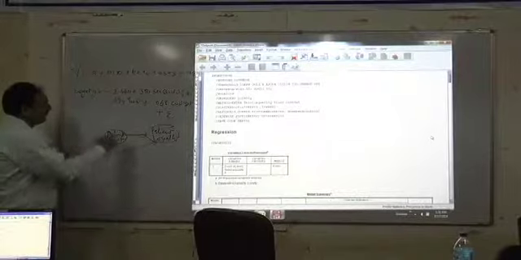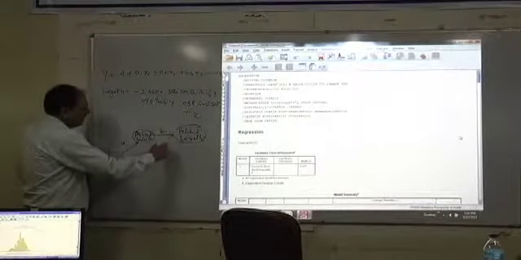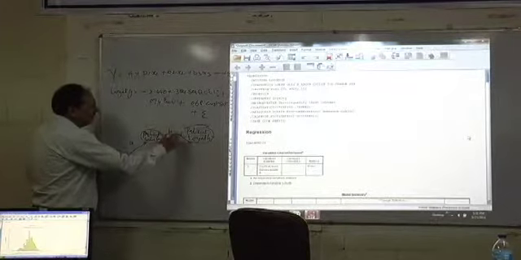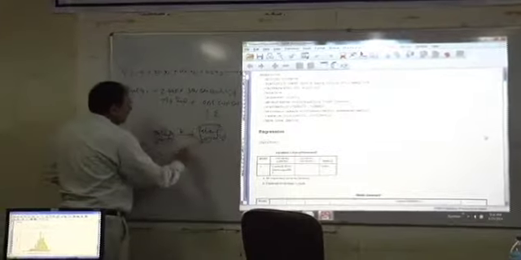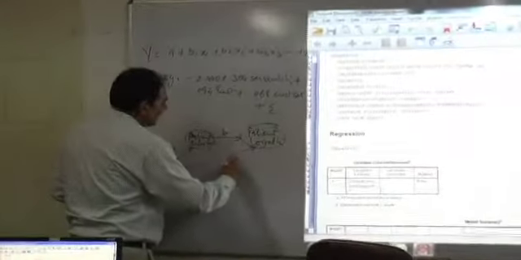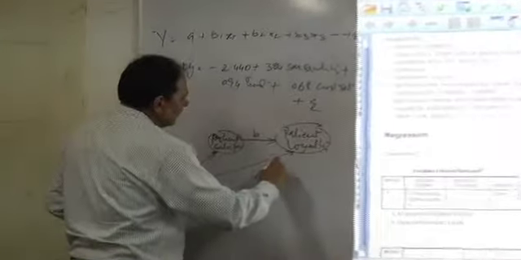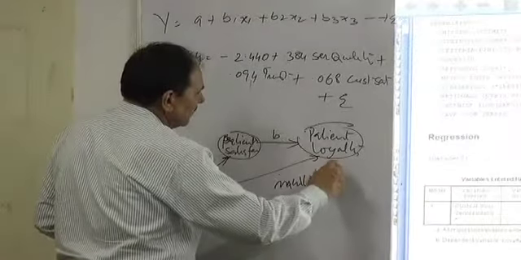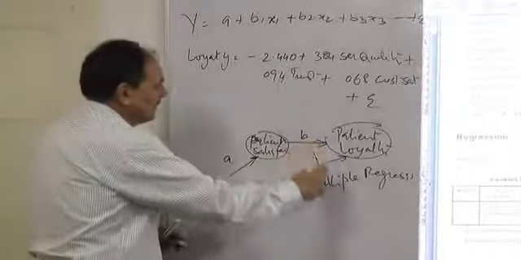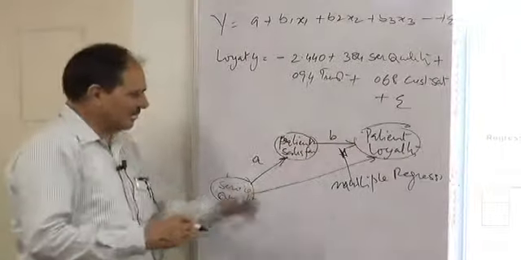This regression will be B when you are looking at multiple regression. B with multiple regression is not simple.